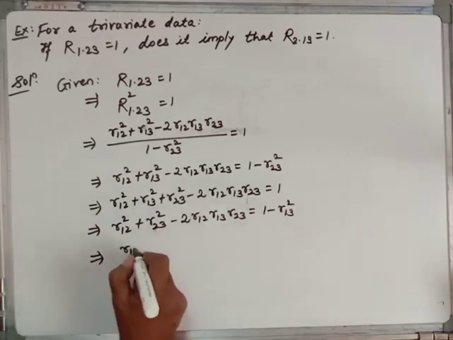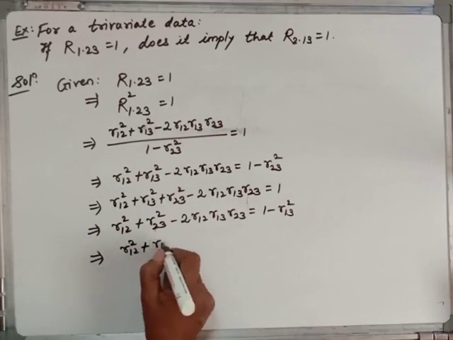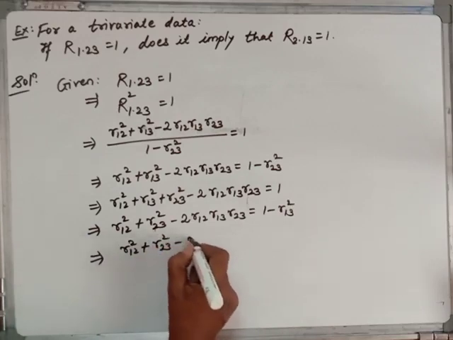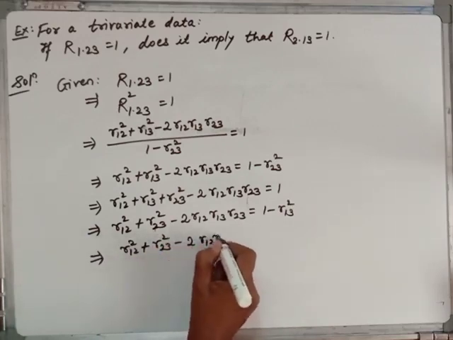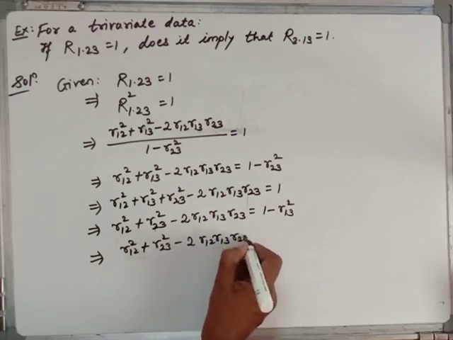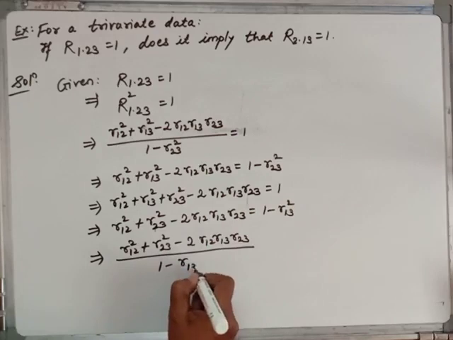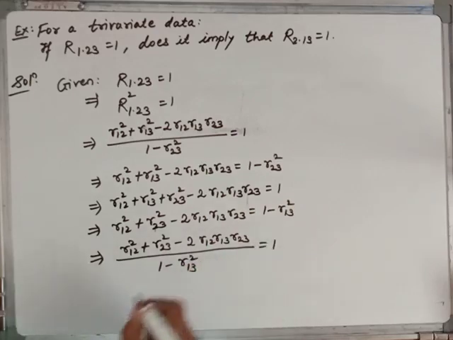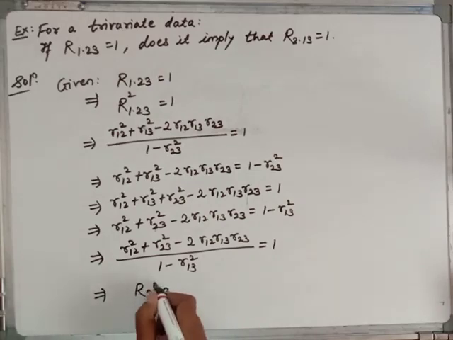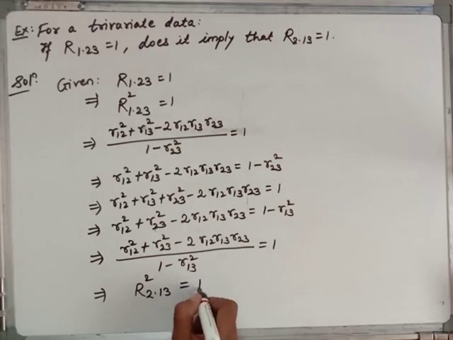So it is R12 square plus R23 square minus 2 R12, R13, R23 upon 1 minus R13 square, and that is equal to what? 1. So that is nothing but R2.13 square, and that is what? 1.